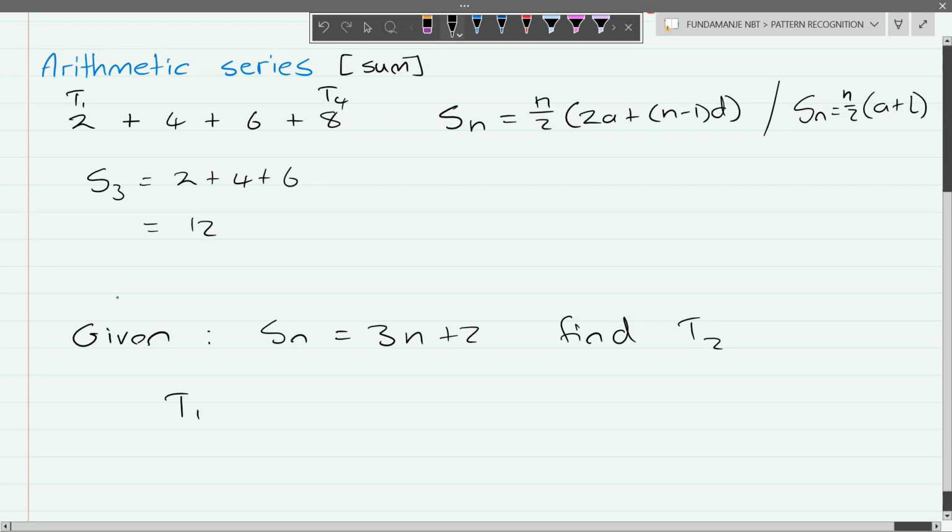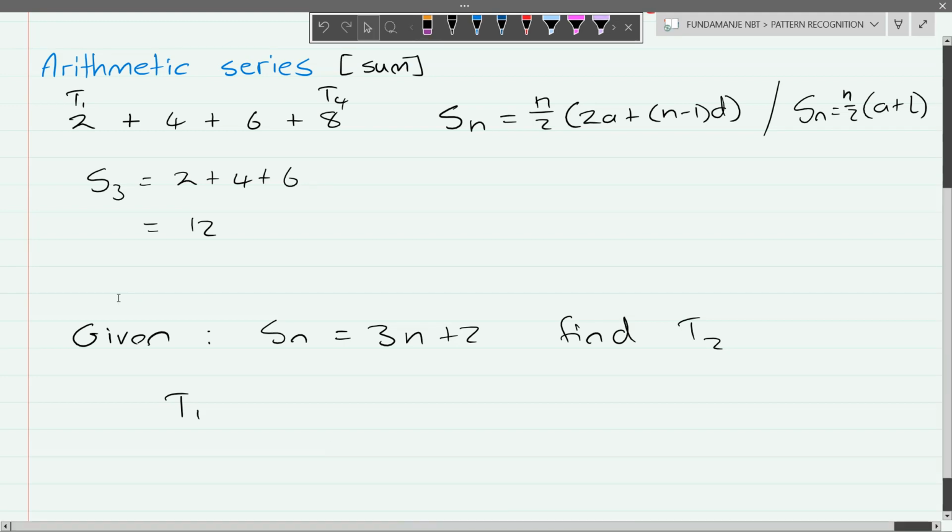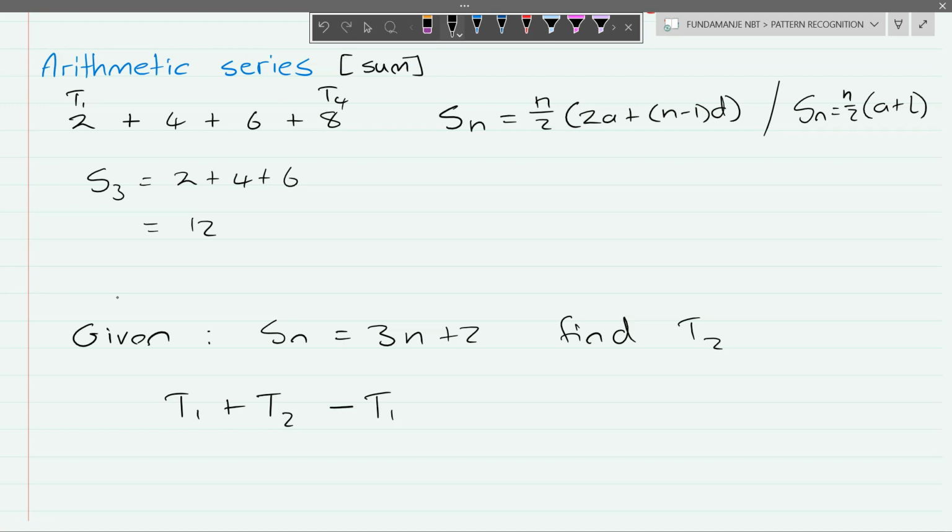So given term number 1 and term number 2, how do we find term number 2? If we put 1 into this formula, we can get the first term because it will just be that and nothing else. But the moment we put 2, we are now including T1 plus T2. Well, how can we get T2 out of this? We can subtract T1 from this.